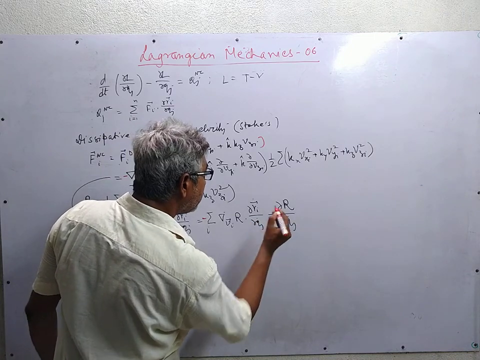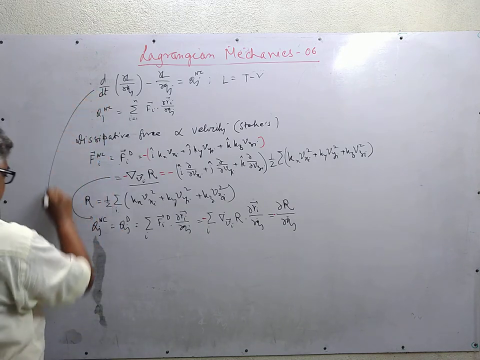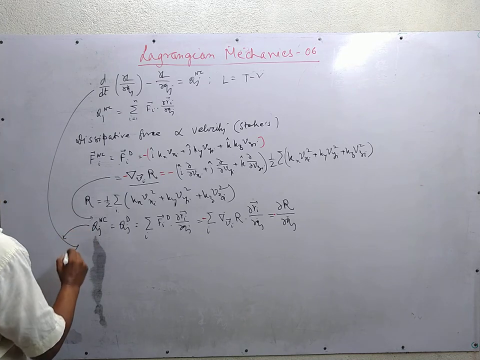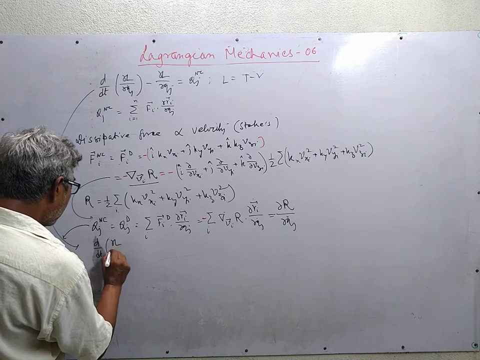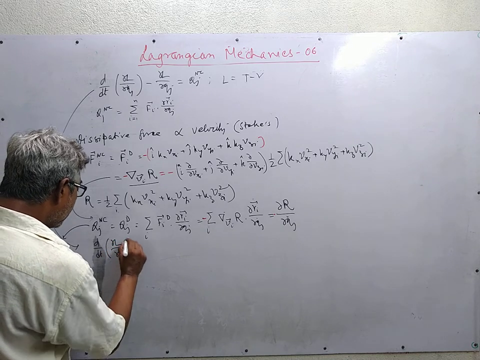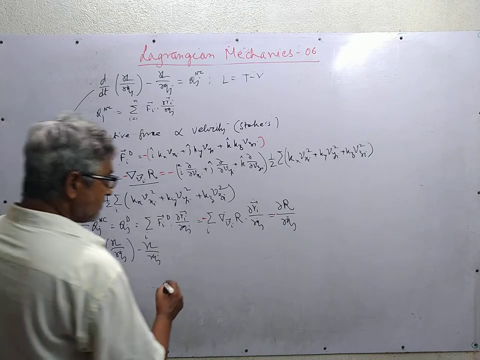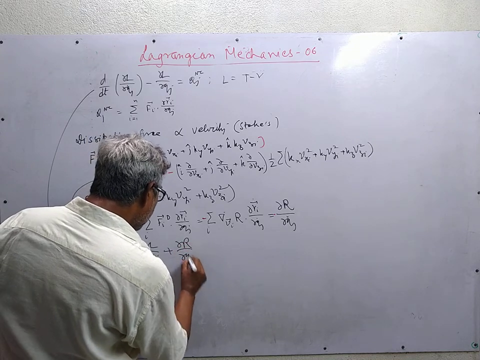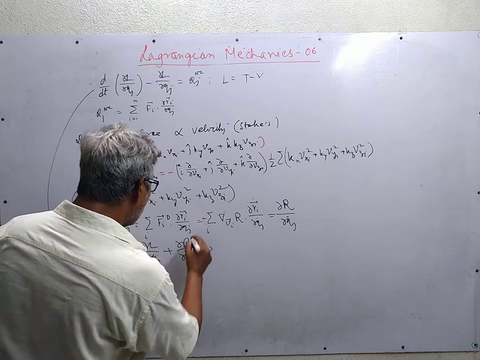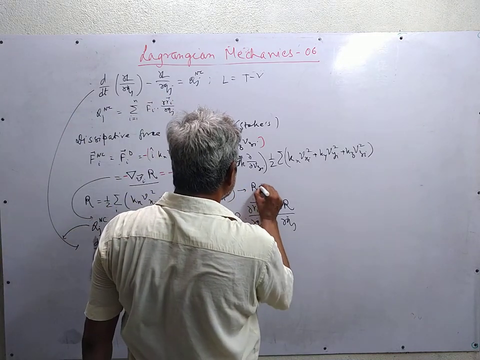If we include this in the Euler-Lagrange equation, it becomes d/dt of del L del Qj dot minus del L del Qj plus del R del Qj dot is equal to 0, where R is known as the Rayleigh dissipation function.